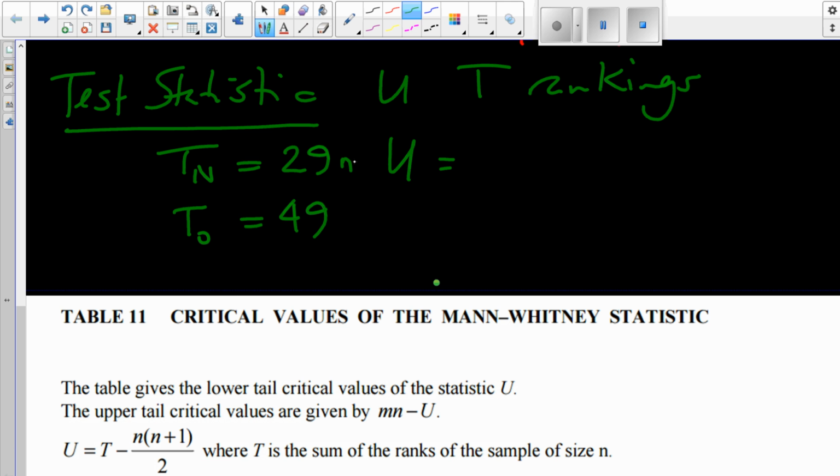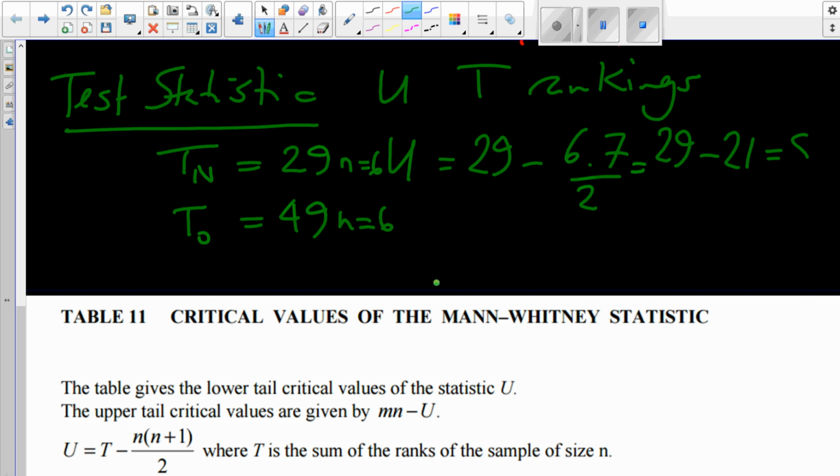Now in each sample here we had a sample of 6, so that makes life easy. The first one is going to be 29 minus 6 times 7 over 2. So that's 29 minus 21 equals 8.